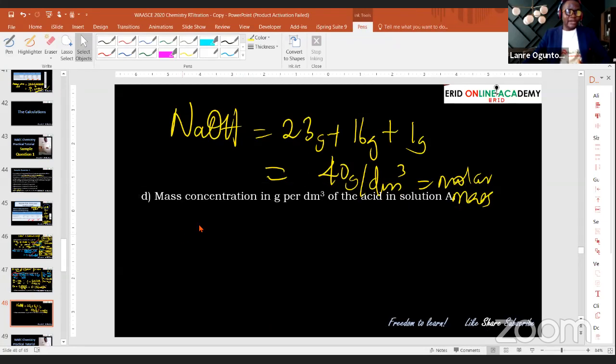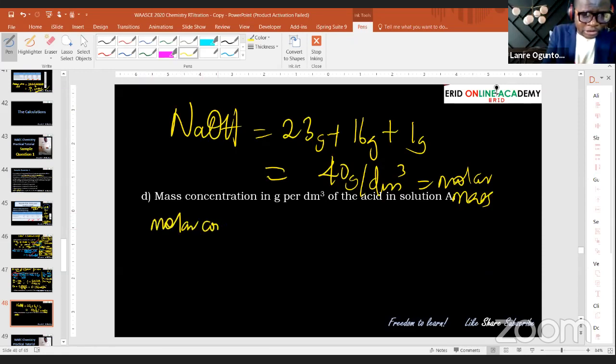So how do you find the mass concentration of your acid? Remember the formula that connects them. This formula is very important. Molar concentration is equal to mass concentration over molar mass.